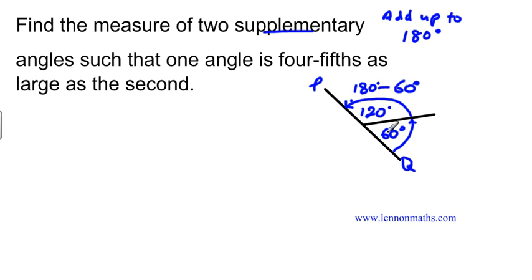And we say that 60 plus 120, these two angles are adjacent or next to each other on a straight line. In other words, 60 and 120 are next to each other on a straight line PQ. And so we say they are supplementary angles.